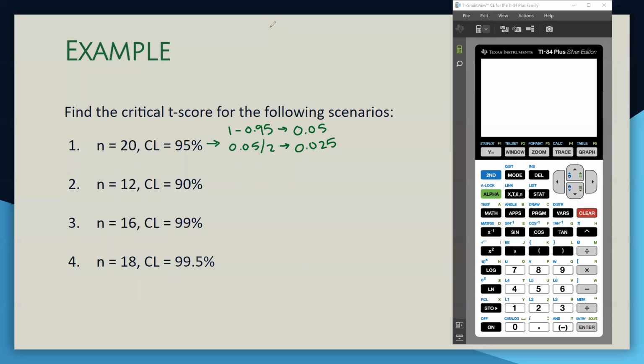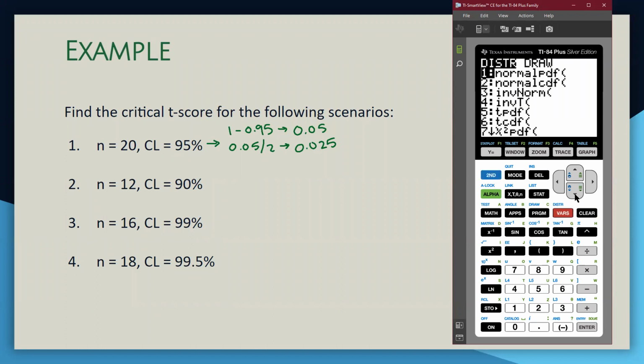So we're going to take that and plug that into inverse t instead of inverse norm. And you can see that's option 4 in the distribution menu. It asks for area in the tail, and then our degrees of freedom is 20 minus 1, which is 19.